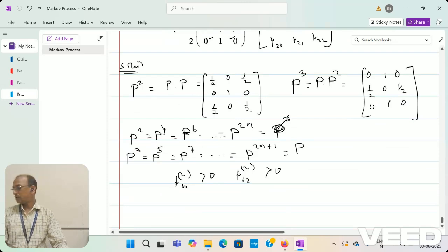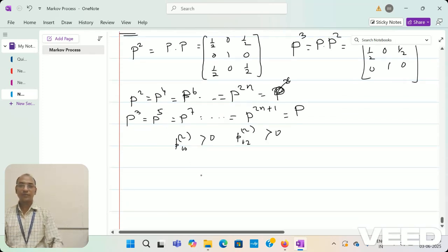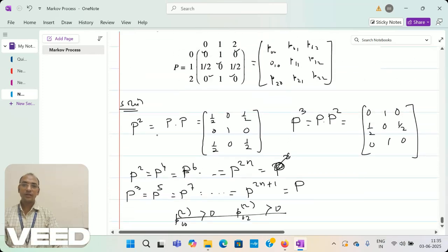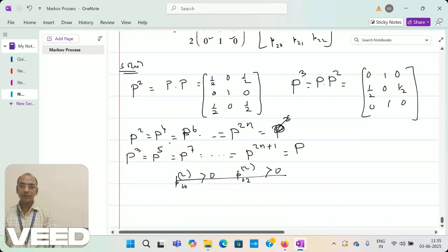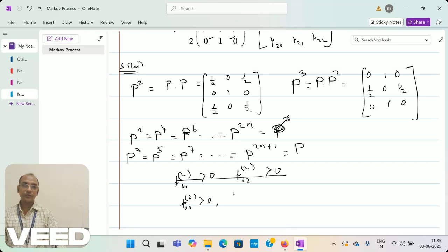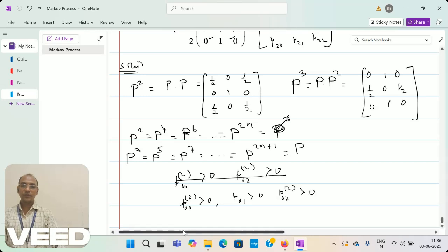So here you can see, one by one, the 9 elements. Already here we have P00 in step 2 greater than 0, P01 greater than 0, and P02 in step 2 greater than 0.